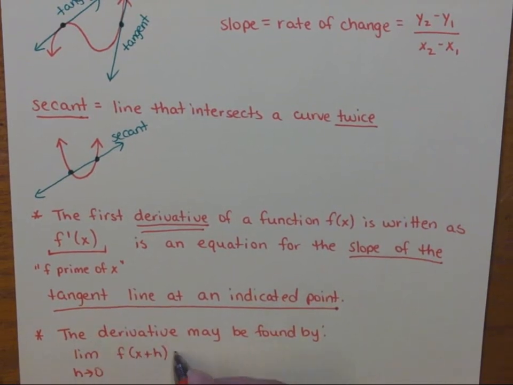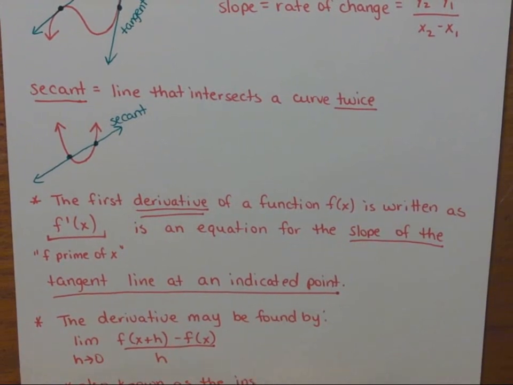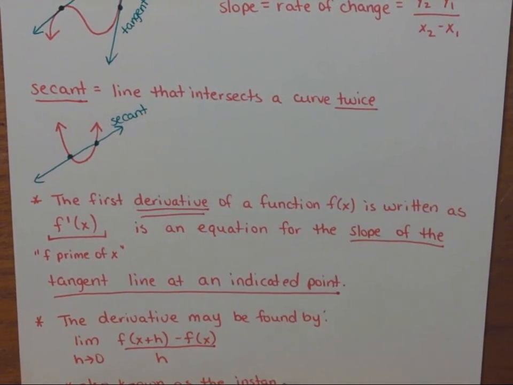So that limit of a difference quotient formula is the equation for the derivative. And later on throughout this lesson, we're going to refer to this not just as a rate of change, but more specifically as an instantaneous rate of change. That's just a really fancy way of saying a rate of change at any given time. Okay, at any point or at any given time.